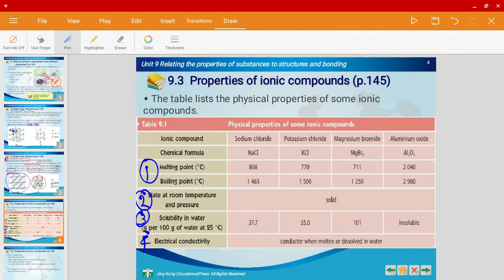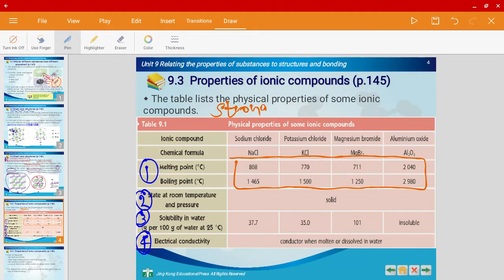Now, if you recall, ionic compounds have a high melting and boiling point. What was the reason? Yes, it was due to the presence of strong ionic bonds. If you don't remember, you can refer to the previous video for the explanation.